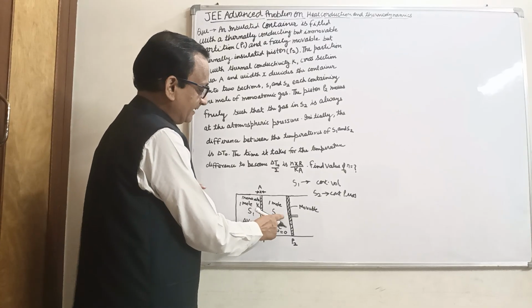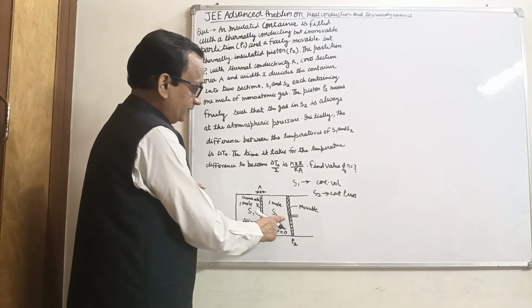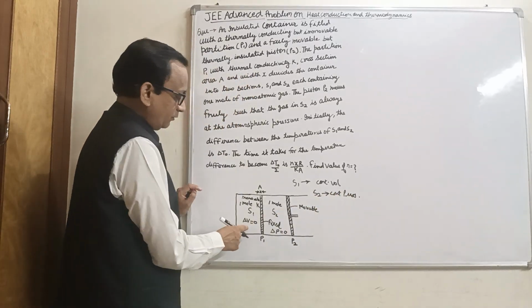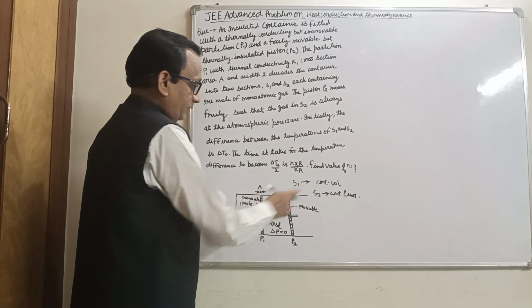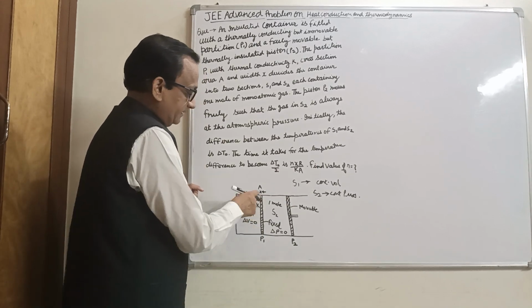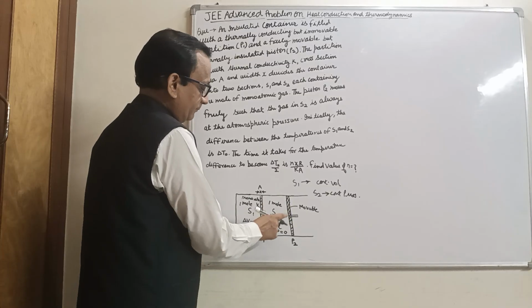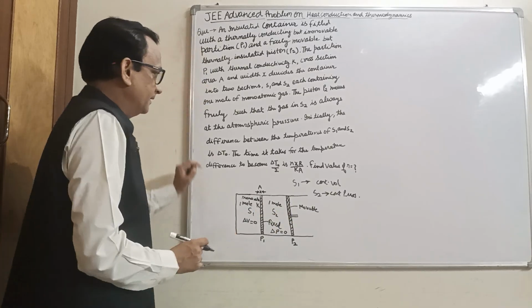So the S2 process will be a constant pressure process, and the S1 process will be a constant volume process, because this piston is fixed.